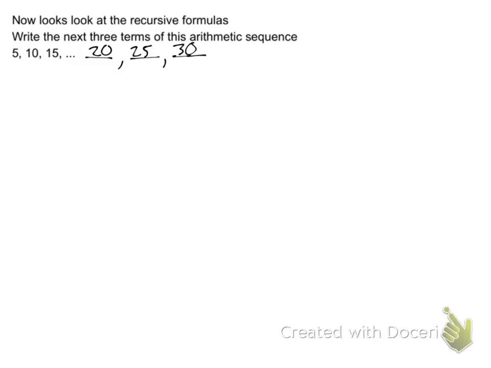Because not too many of us build the formula and then start plugging in 4, 5, and 6, respectively, to find the 4th term, 5th term, 6th term, right? You guys didn't build formulas until I told you to build formulas, and at that point, some of you still didn't do it. But this is what you're doing recursively.